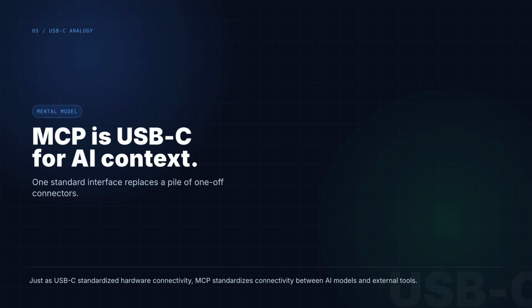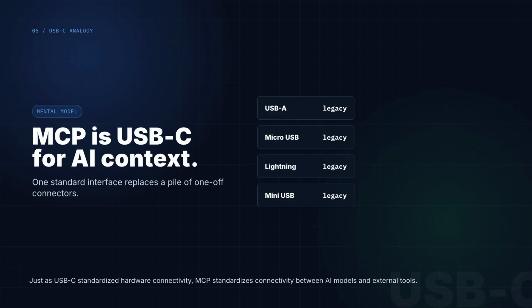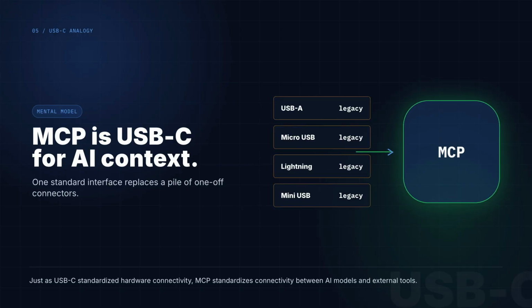A useful way to think about MCP is USB-C. Before USB-C became common, devices used a massive collection of connectors: USB-A, micro USB, mini USB, Lightning, and many others. Each connector solved a similar problem, but in a different shape. USB-C did not make every device identical, it standardized the connection point. MCP does something similar for AI integrations.